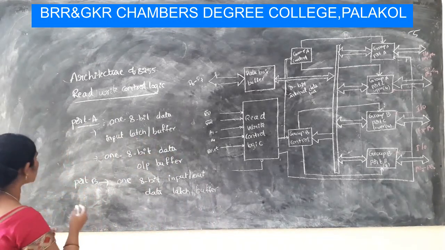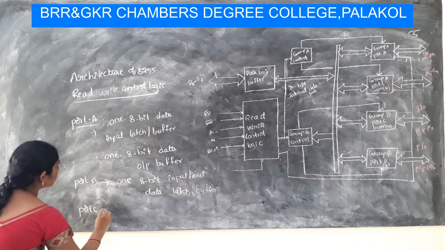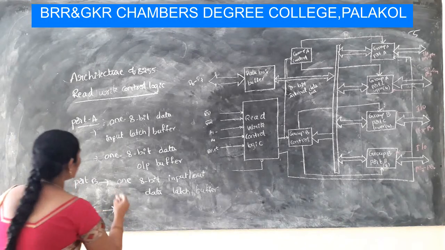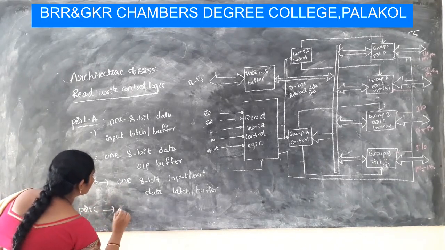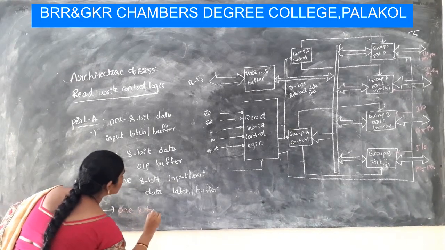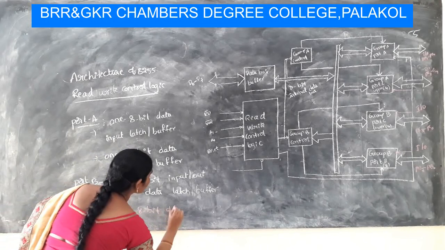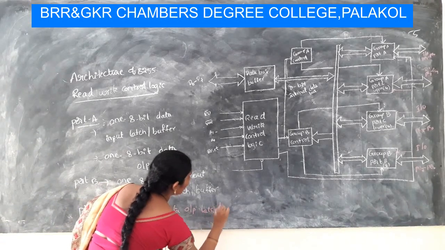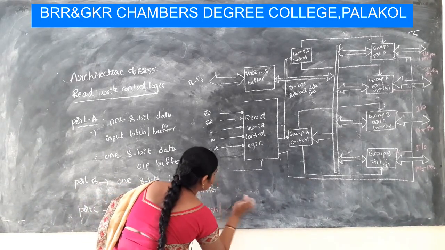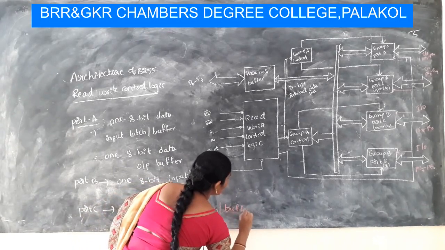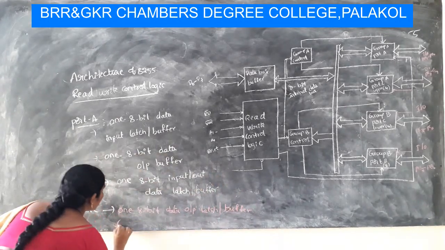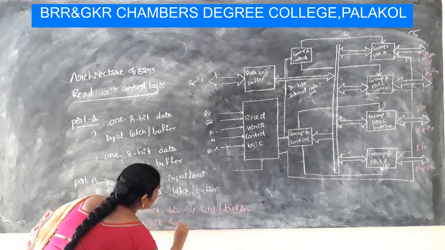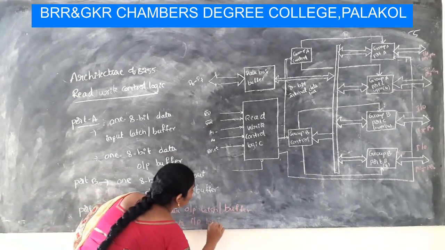And next coming to port C. Port C has 8-bit data lines, so one 8-bit data output latch and buffer, and it has one 8-bit data input buffer.